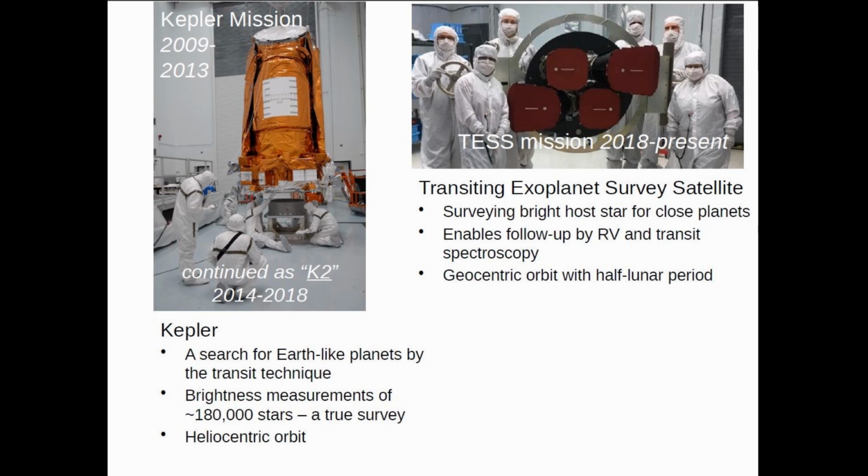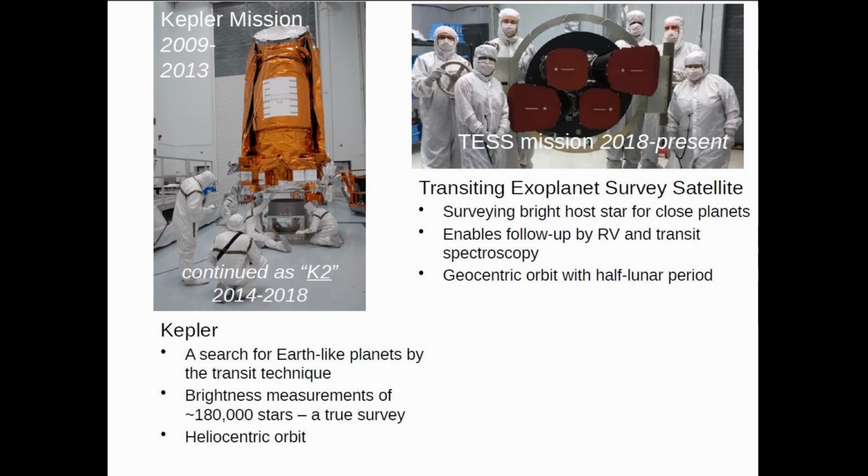And it continued for another 4 years in a mission called K2. It was a search for Earth-like planets by this transit technique. So it had to monitor about 180,000 stars straight through, just for 4 years. And it was in orbit around the sun to make the instrument nice and stable thermally.